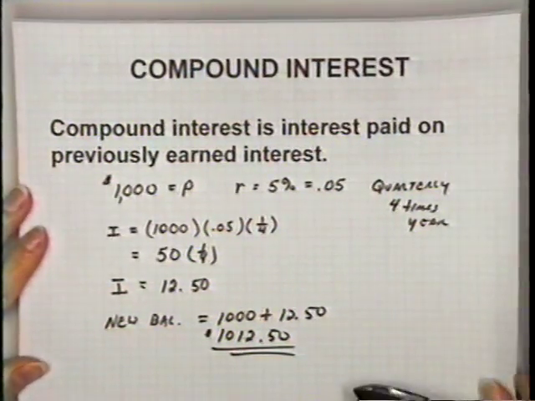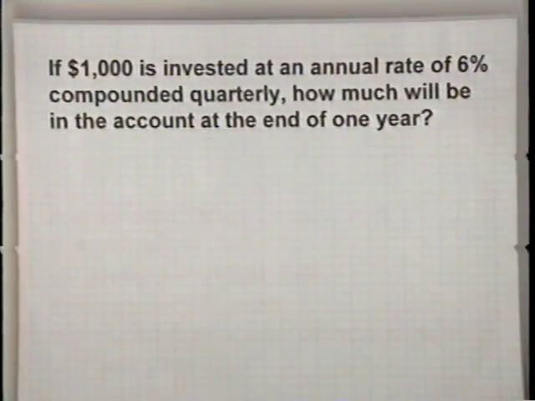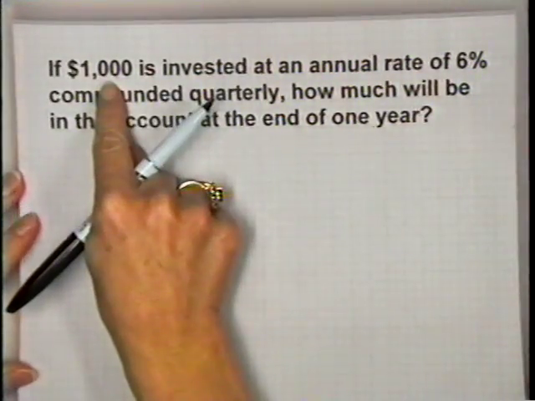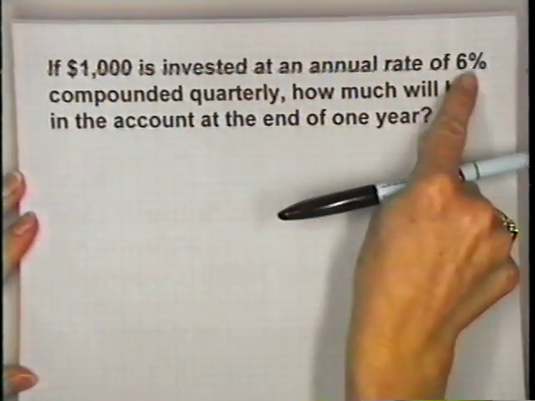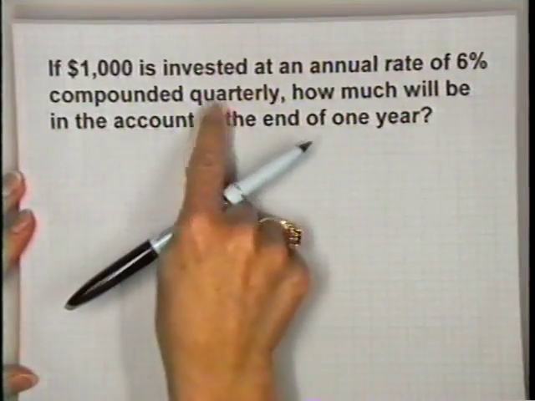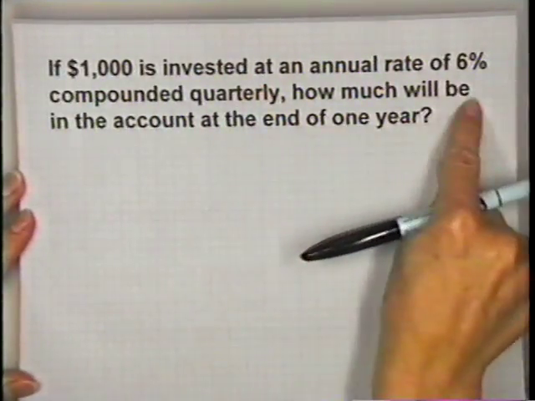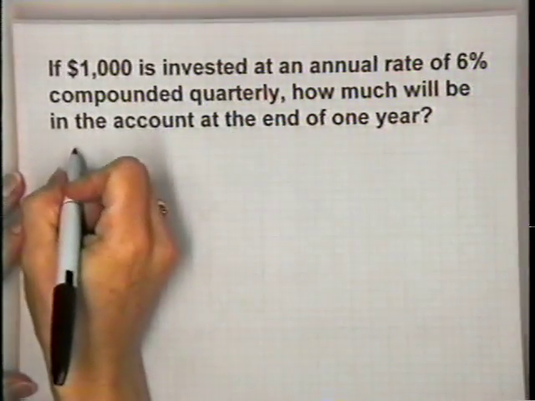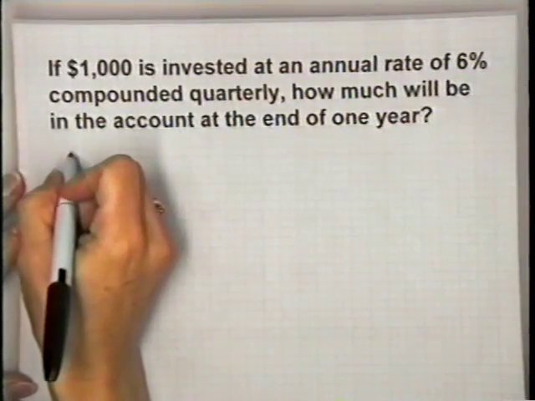Now, what I want to do is to take another example, and we're going to carry this out just a little bit farther. In this particular problem, it says $1,000 is invested at an annual rate of 6%, compounded quarterly. The question is, how much will be in the account at the end of 1 year? Well, one way we can do that is to just go through and calculate interest.